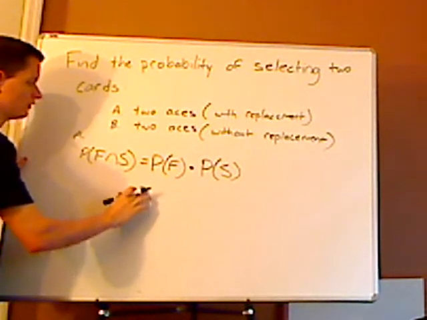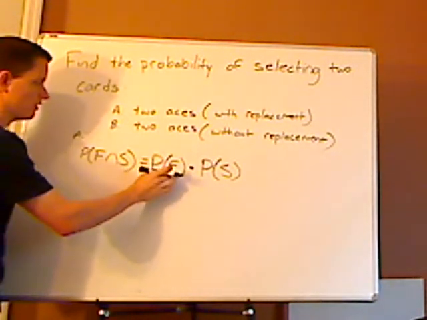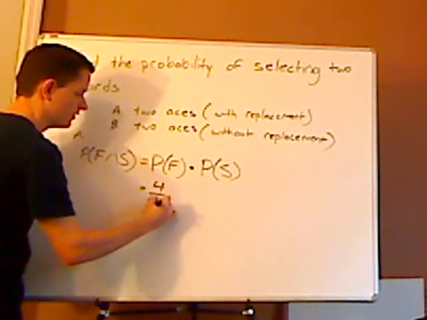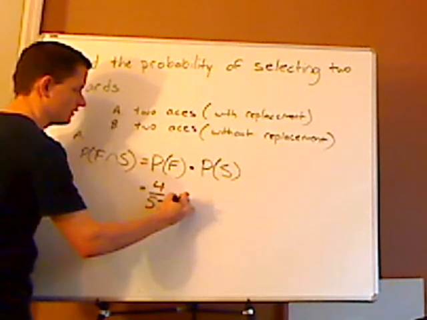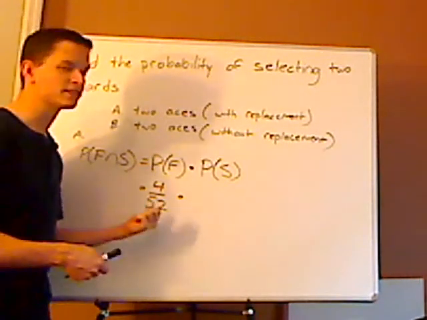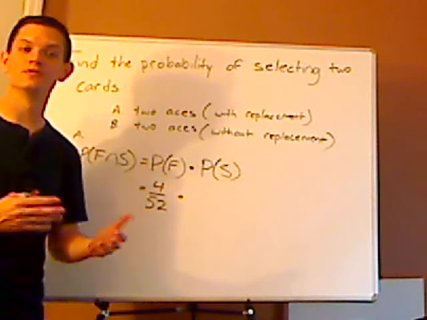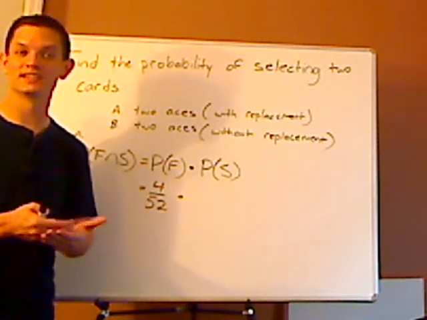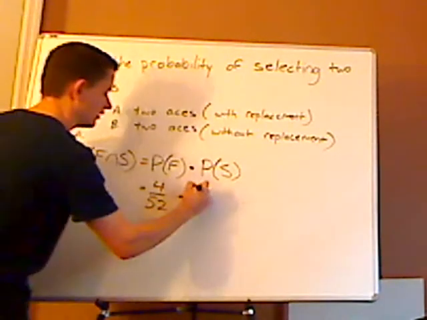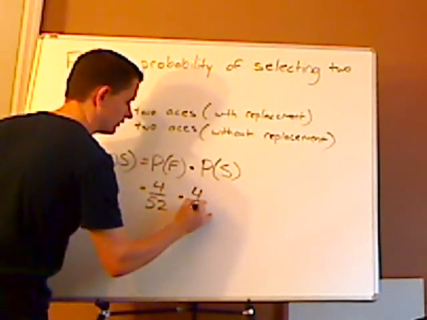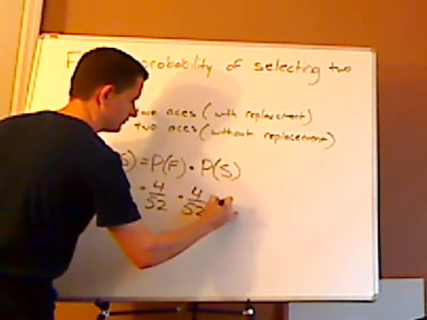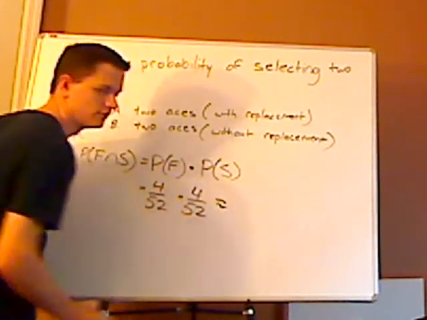Alright, so the probability of the first card, or getting an ace, would be 4 out of 52, times, since you put the ace back in, 4 out of 52 again, because there are 4 aces in the deck out of a possible 52 cards. And then we're going to do a little decimal thing.